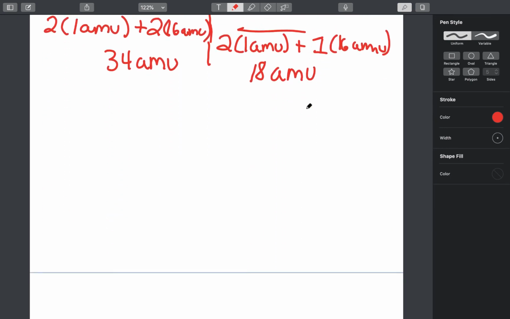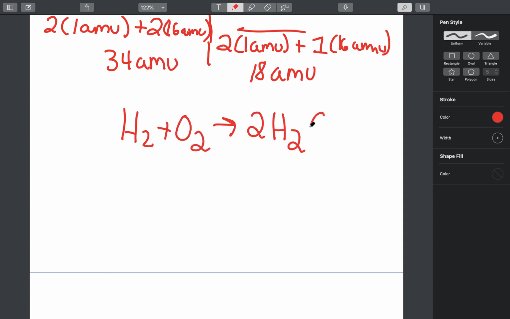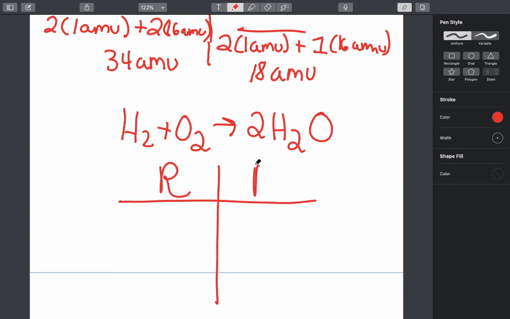So let's do that. So if we multiply the water by 2, we get H2 plus O2 goes to 2H2O. And now if we put down the amounts of elements on each side, we get 2 H's and 2 O's on the reactant side, and 4 H's and 2 O's on the product side.